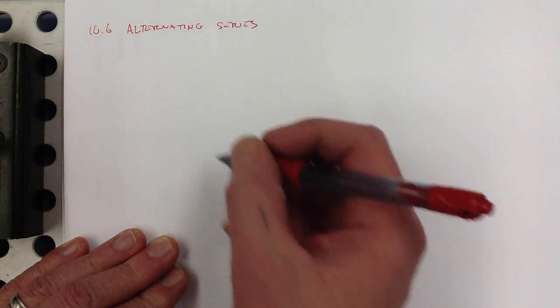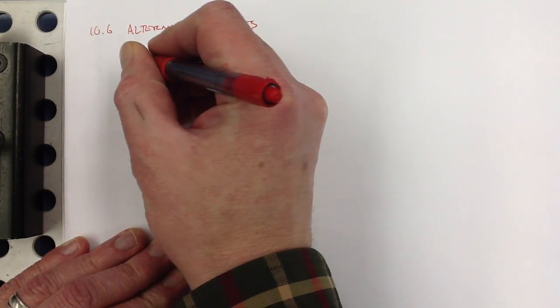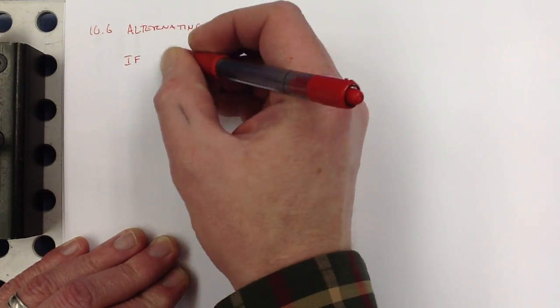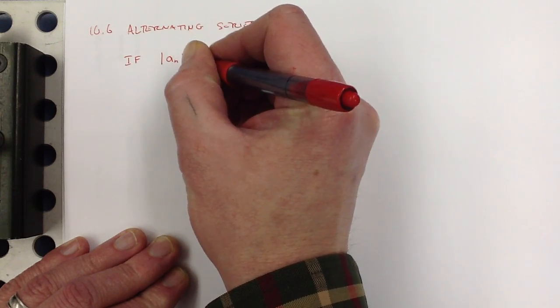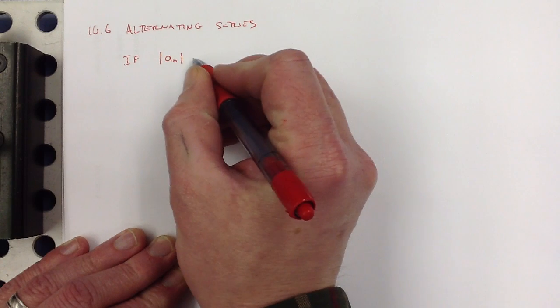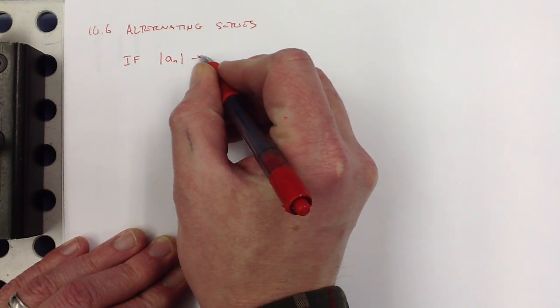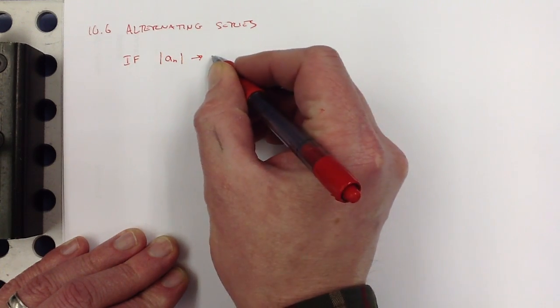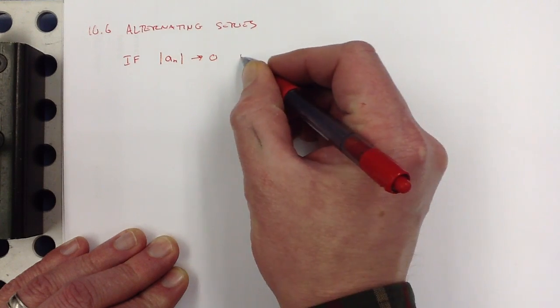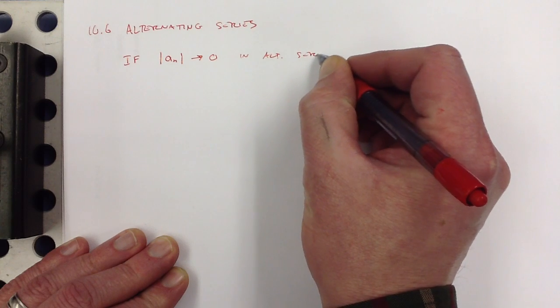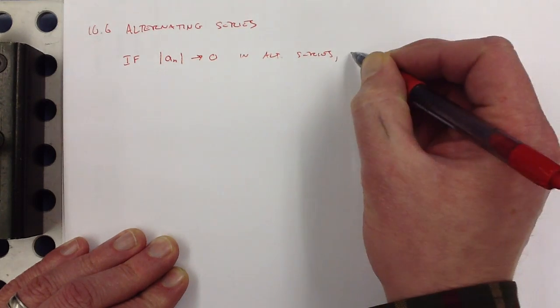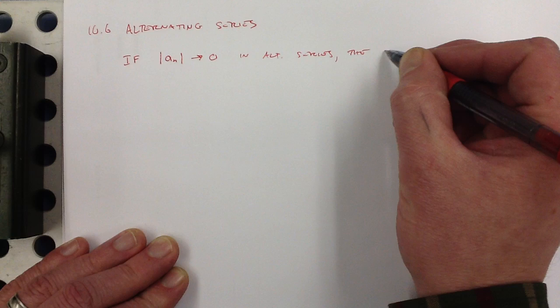Well, the first thing is that if the absolute value of the terms in an alternating series approaches 0, then the series converges.